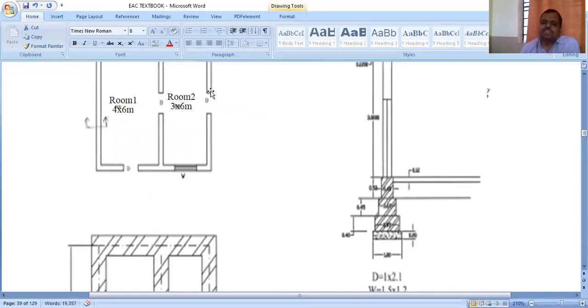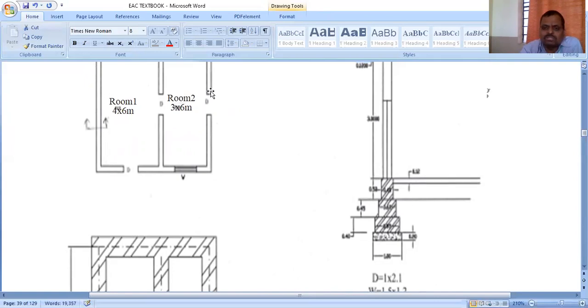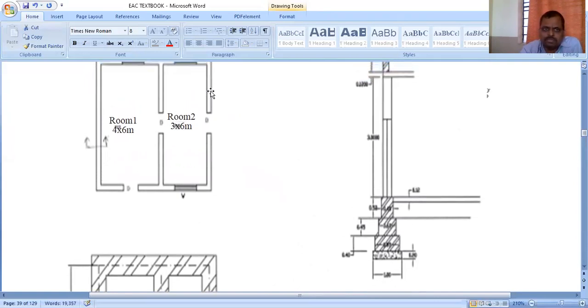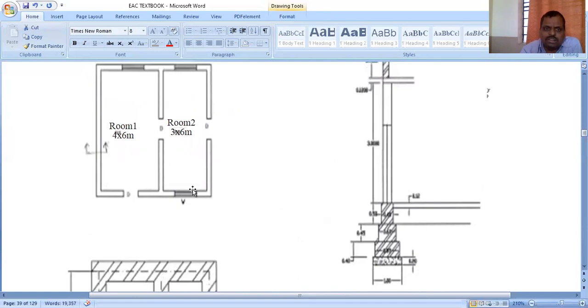So there are 3 number of doors, and the size is 1 into 2.1, whereas the number of windows are 1, 2, and 3. There are totally 3 number of windows. So while deducting the brickwork for the doors and windows, we have to totally deduct it from the brick masonry.